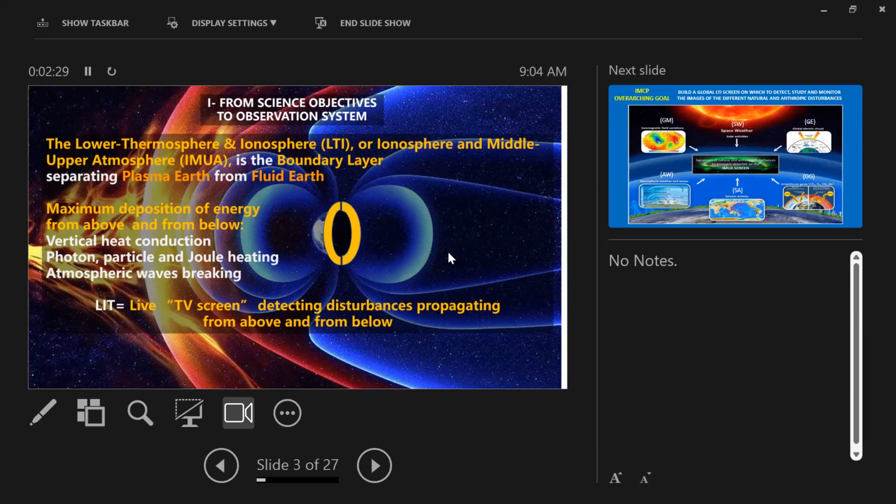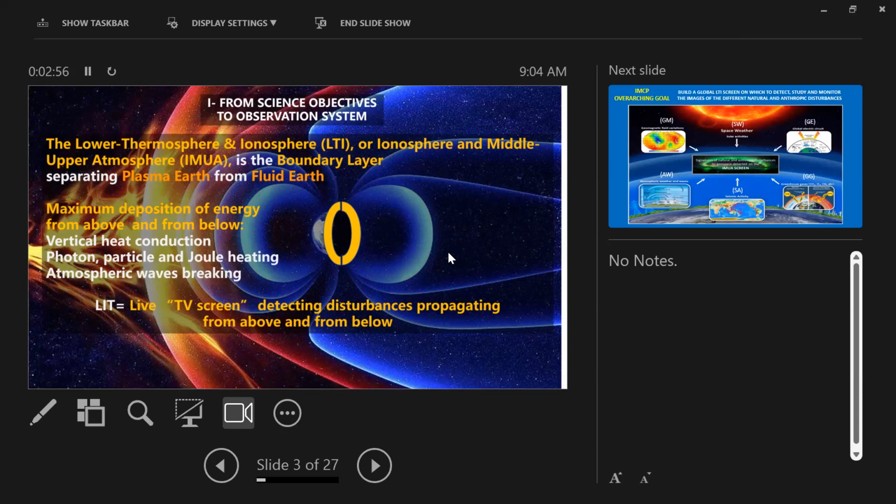Photon, particle, and Joule heating are also deposited mainly in this region. From below, atmospheric waves, and we've seen a lot of studies of atmospheric waves propagating upwards in this meeting, are coming from below and sometimes breaking or being absorbed in this layer.